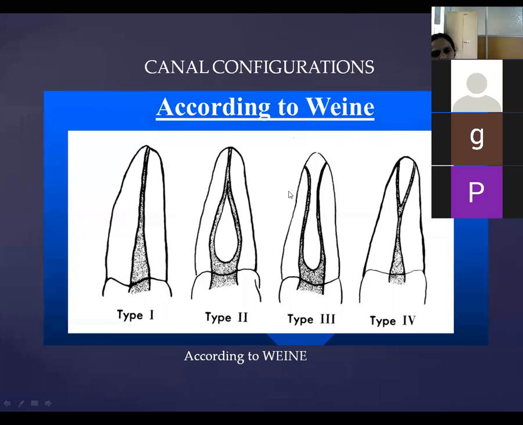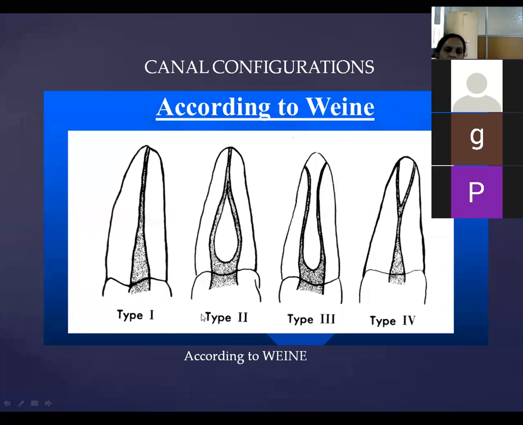Different authors have given different classifications, but the most common are by Weine and the other is Vertucci's classification. According to Weine, type 1 is a single canal at the orifice and the apical opening is also single. This is type 1 according to Weine. In the maxillary central incisor, the type 1 canal is very common.